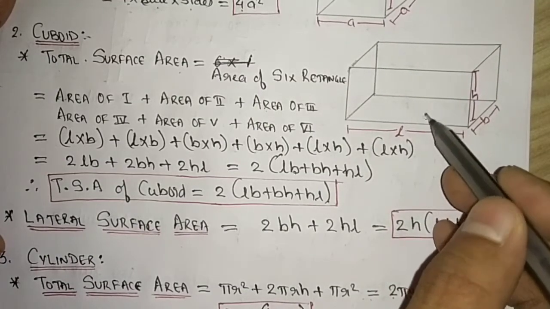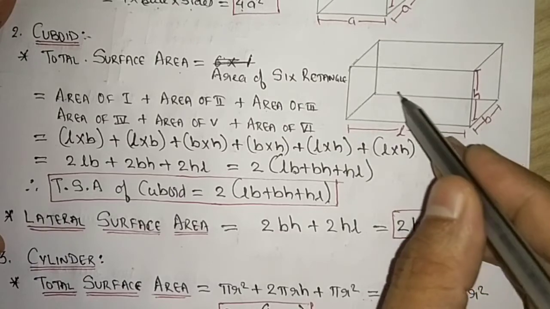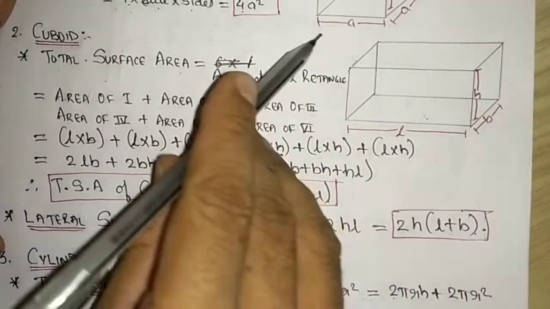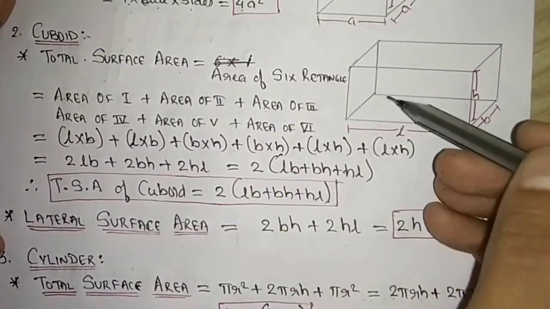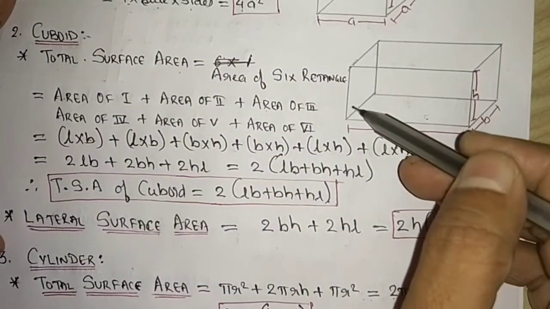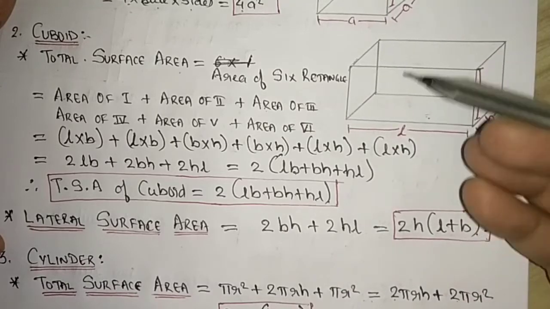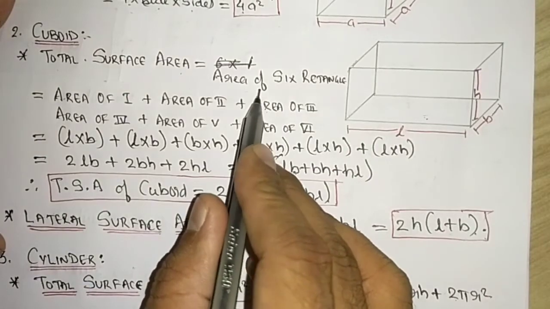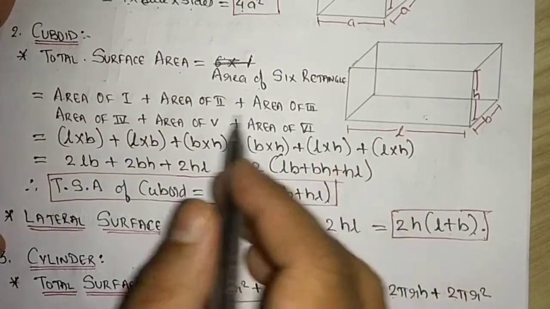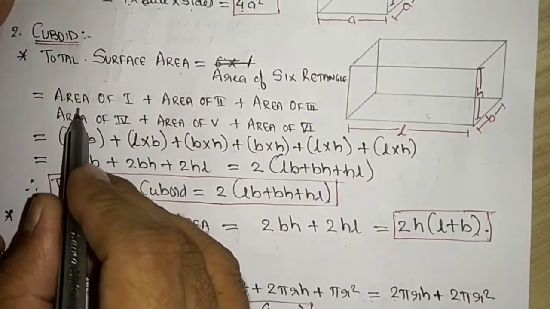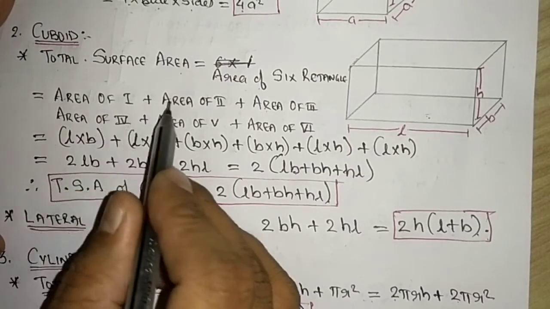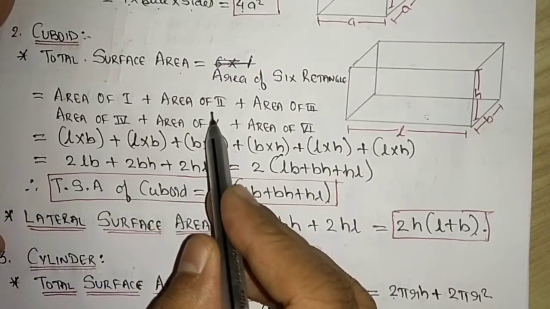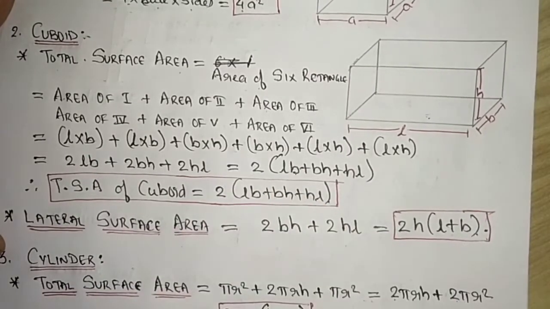One is at the bottom, one is at the top, 2 are at the sideways, one is at the front and one is at the backward. So 6 different rectangles, and we are going to find the area of all 6.